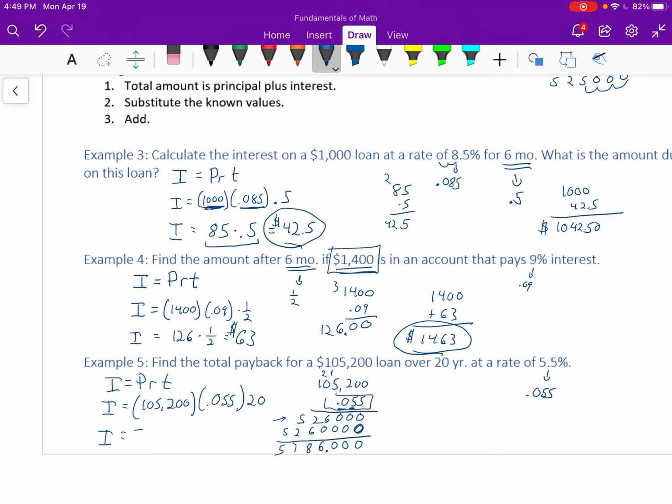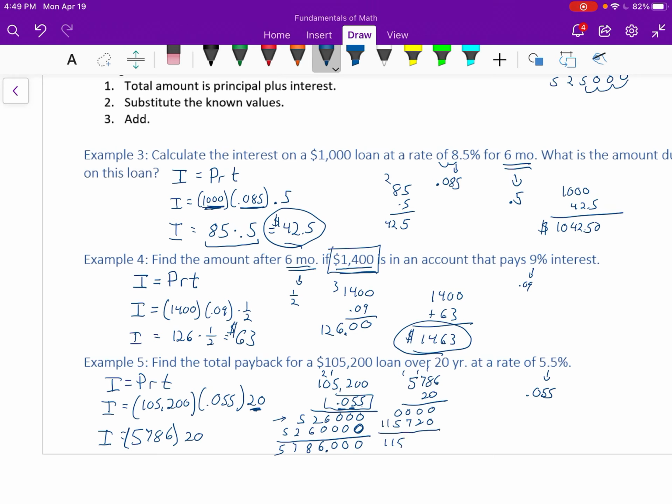So the interest, 5,786, that's per year, but we still have to multiply by 20 years. So we're going to double this, so 5,786 times 20. Obviously, when we multiply by 0, we get all zeros, and now we multiply by 2. 2 times 6 is 12, add the 1. 2 times 8 is 16, add the 1, that's 17. 2 times 7 is 14, add the 1, that's 15. 10 and 11.